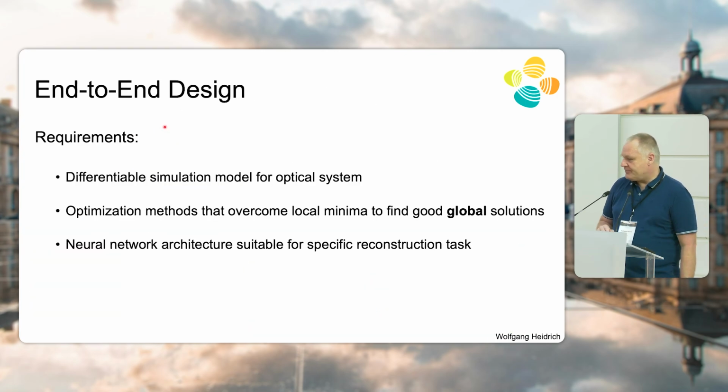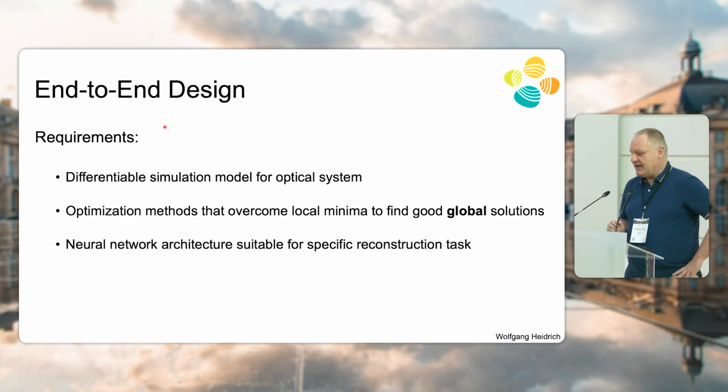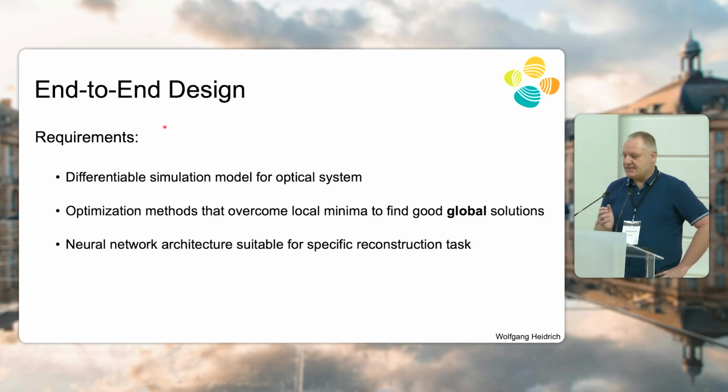Okay, so what do we need to make this work? Basically 3 points. One is we need to have a differentiable simulation for whatever optical design space you want to design for. I've mentioned one very simple one. The others I'll show you in a second. The second thing you need is optimization methods that don't get stuck in local minima as you try to optimize your design parameters.